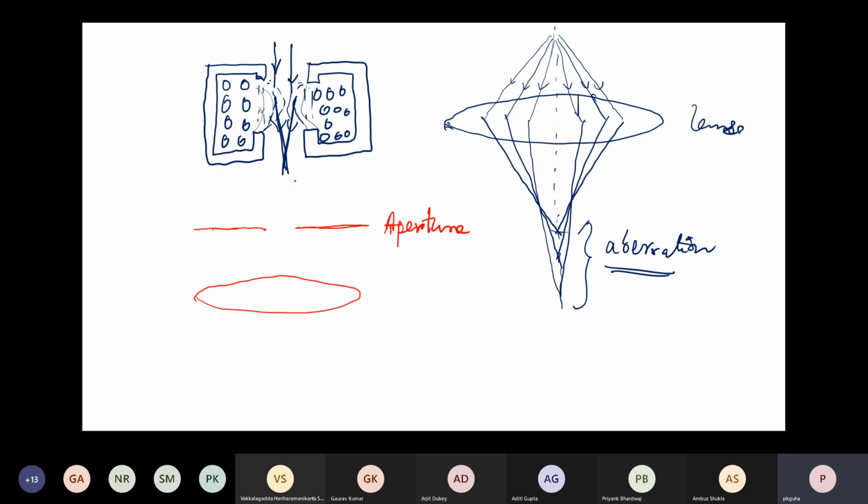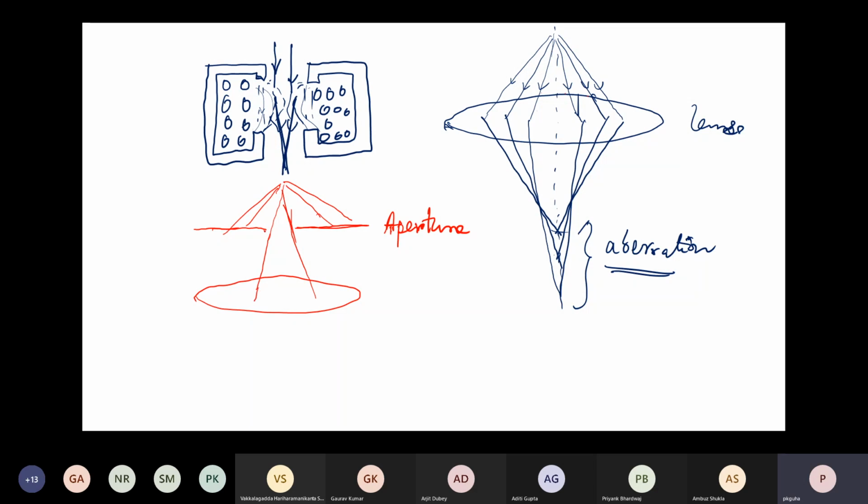It will not allow all the beams to be incident on the lens. There are several beams, but it will prevent some of the beams from reaching the lens.